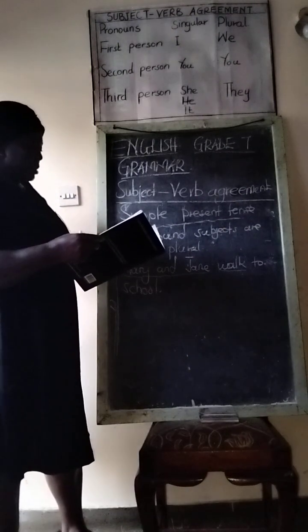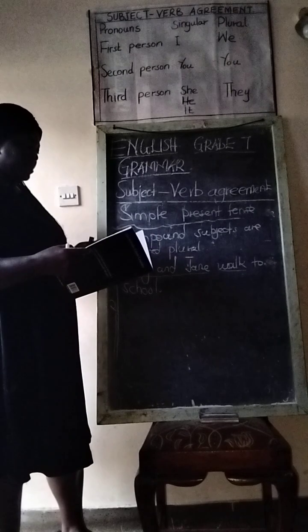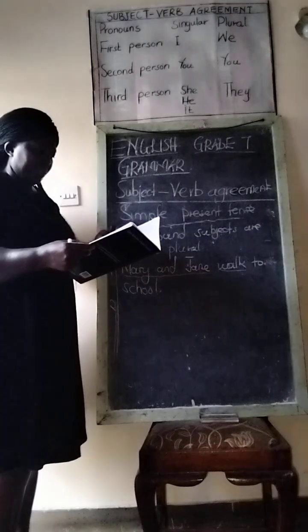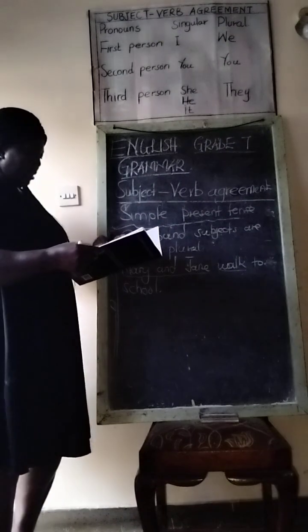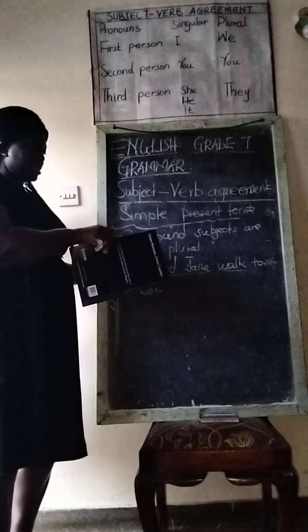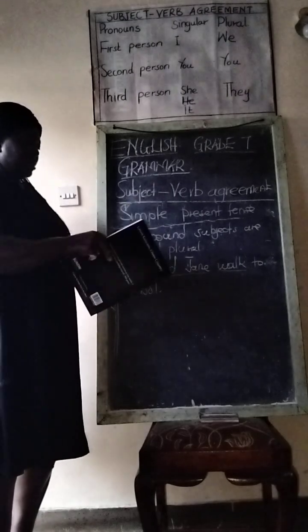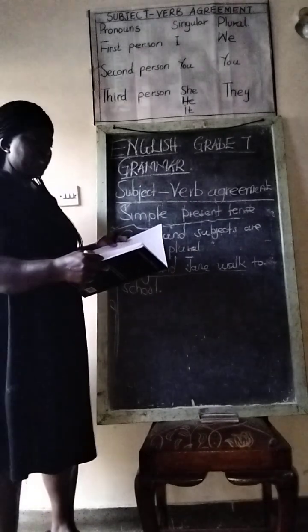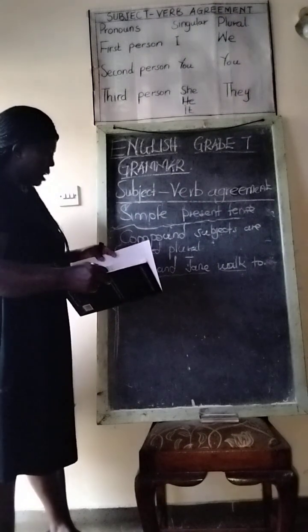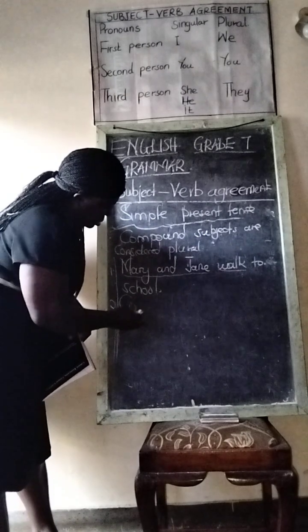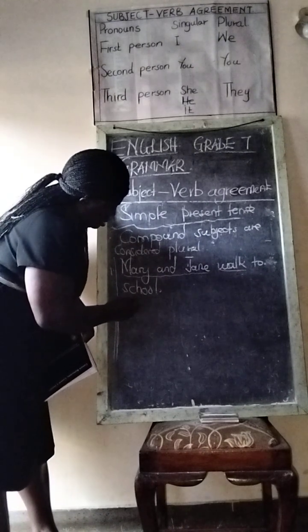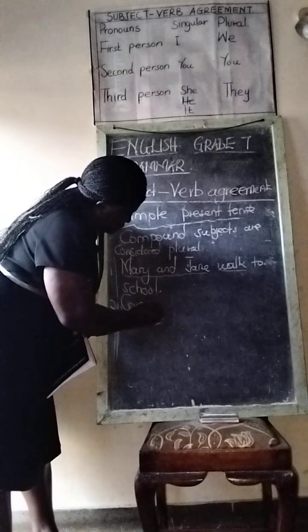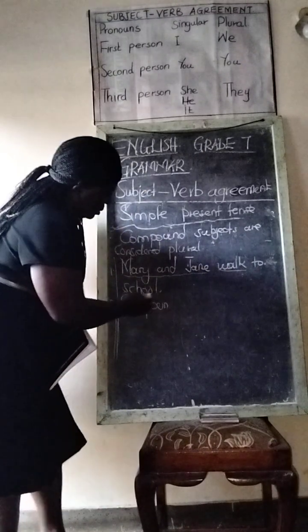The next rule is when you are having compound subjects joined by or and nor.